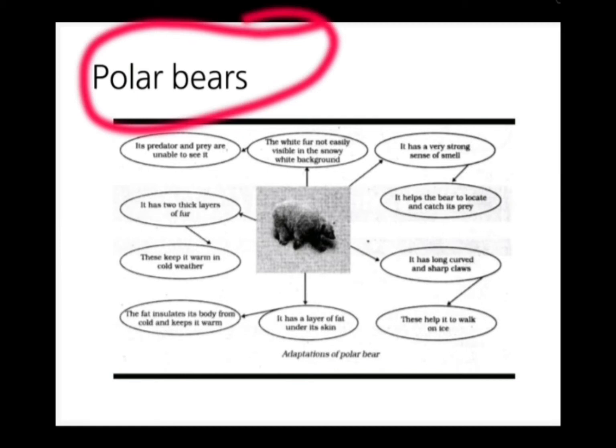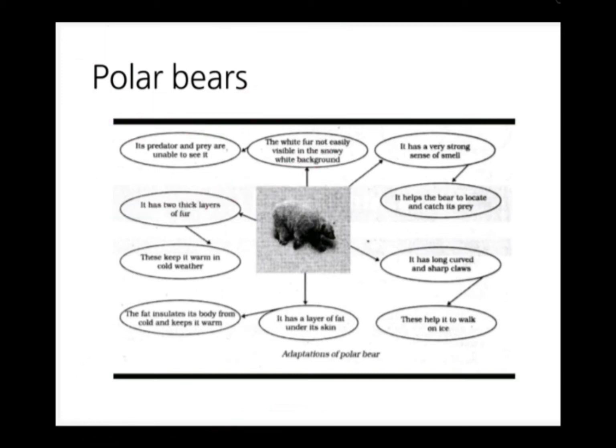And polar bears are physically active on warm days. Cooling is necessary, so the polar bear goes for swimming. It is a good swimmer, and its large paws help it not only to swim well but also to walk easily in the snow.